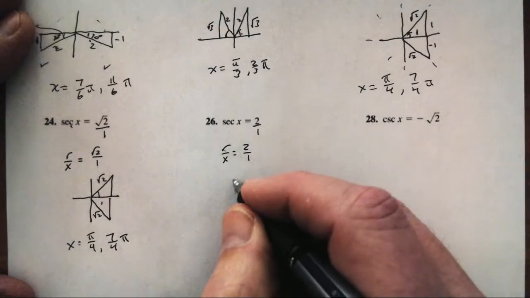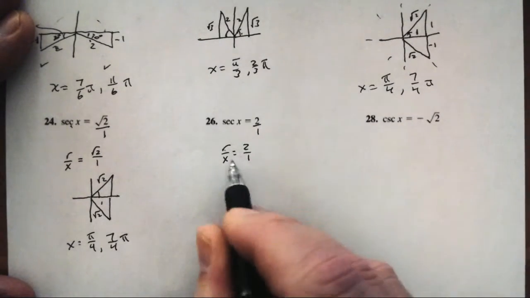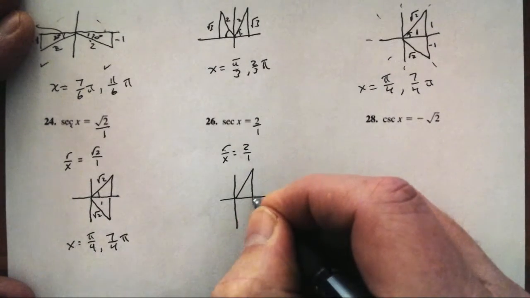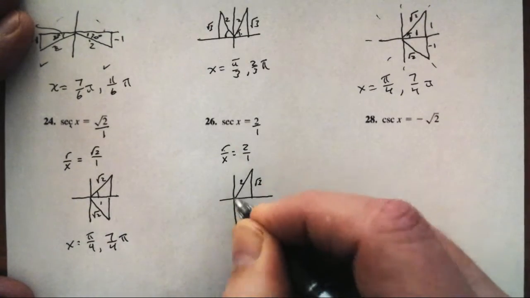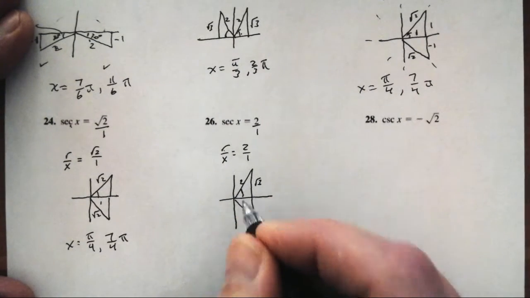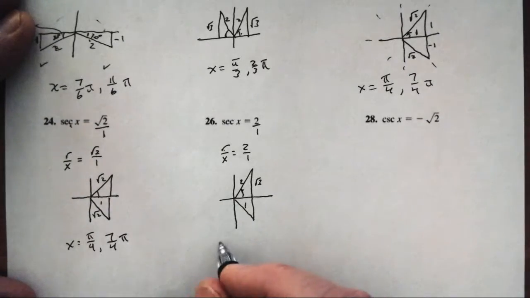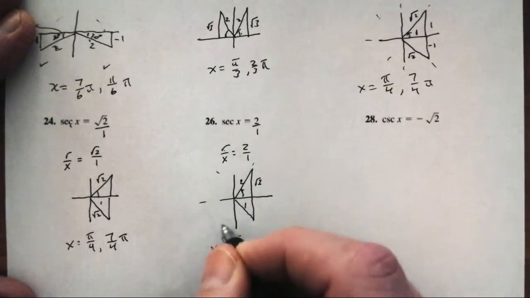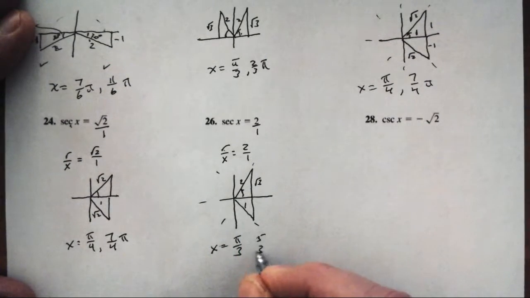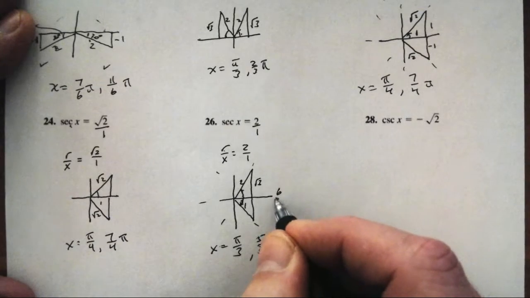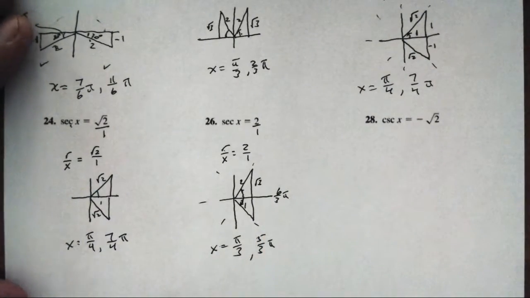X is 1, so x is short, and x is positive, so we're to the right. 1, square root of 3, 2. 1, negative square root of 3, 2. That is a pi on 3, 60 degrees, pi on 3. So x is pi on 3, 1/3, 2/3, 3/3, 4/3, 5/3 pi, or 1/3 short of 6/3 pi.